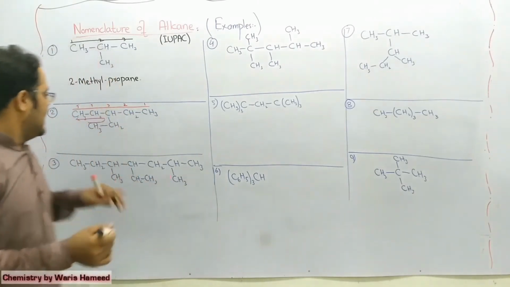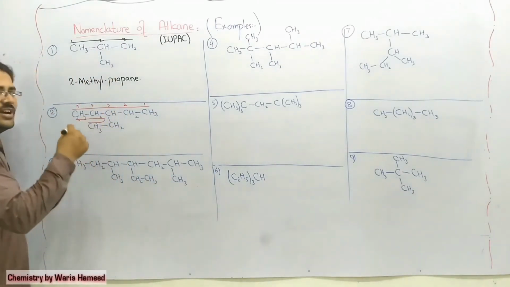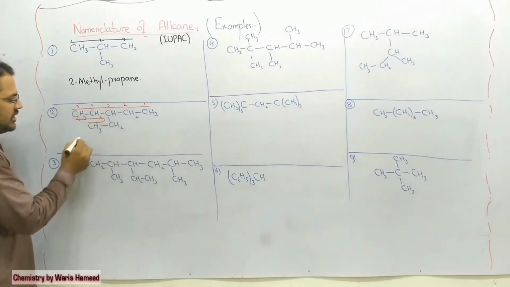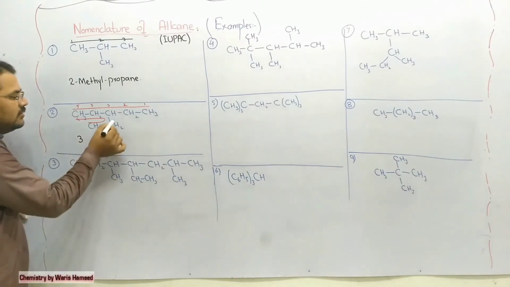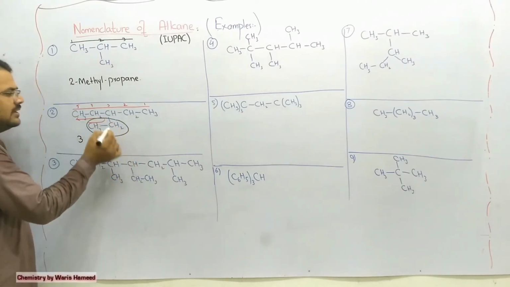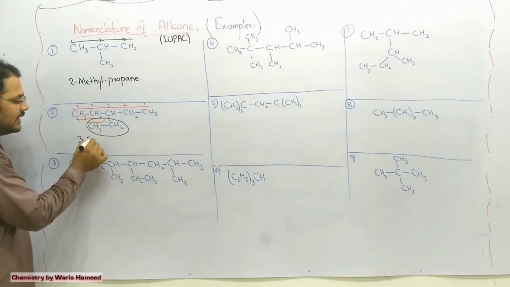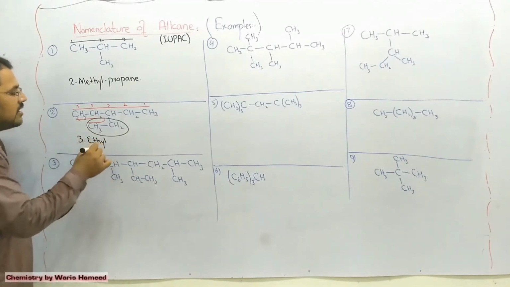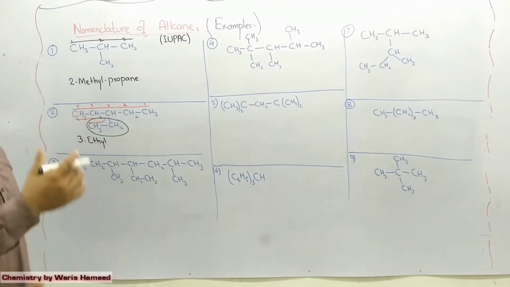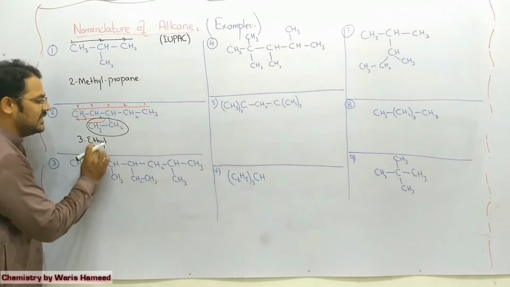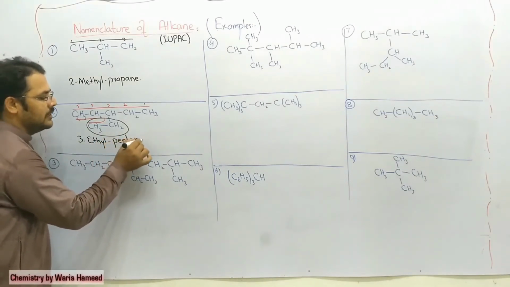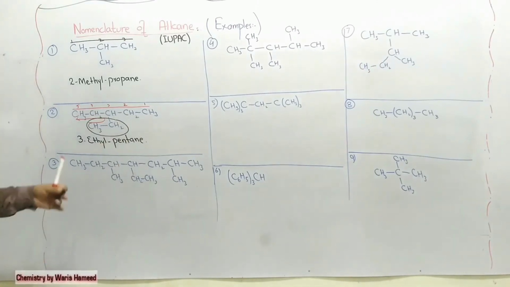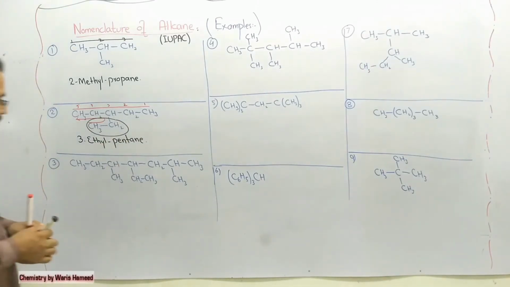The third carbon has a substituent and it's ethyl. So first of all, mention the position of the substituent. It's present on carbon 3, and which substituent is that? It's ethyl, 3-ethyl. And how many carbon atoms are there? There are 5 carbon atoms, so it's 3-ethyl pentane.